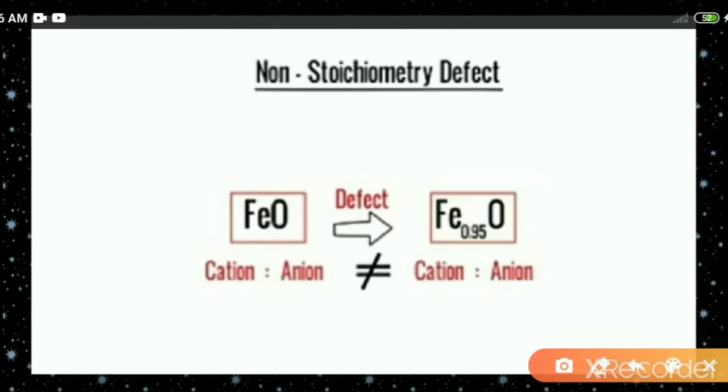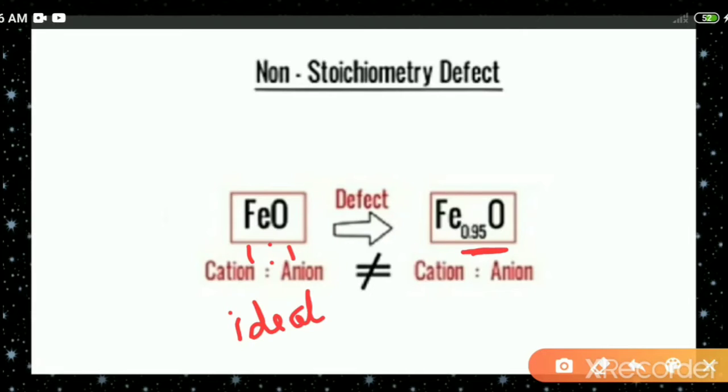As shown in this figure, in the ideal crystal, the ratio between Fe and O is the same, that is 1:1. The cation and anion ratio is 1:1. But if the defect is there, the ratio which you can find here will not be the same.